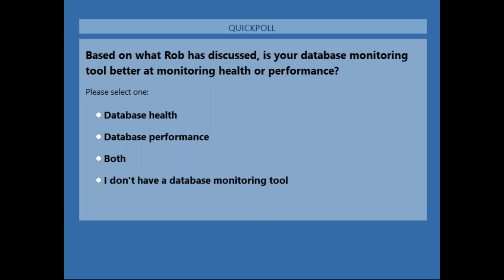While we wait for all the polls to come in, Rob, we have a question: what are the databases that we can monitor with DPA? I guess you will cover that in the demo as well, but while we wait for the answers to come through, you may want to clarify that.